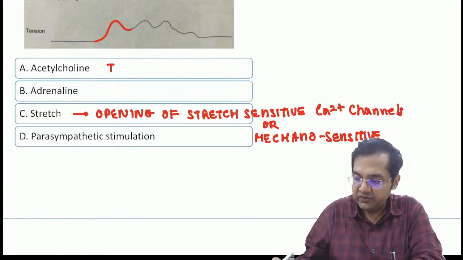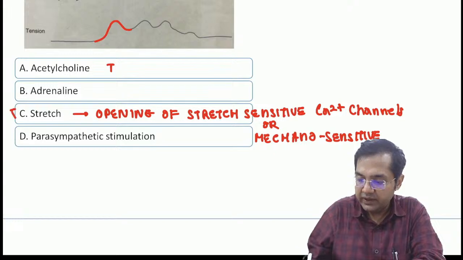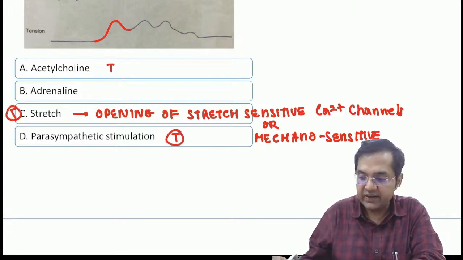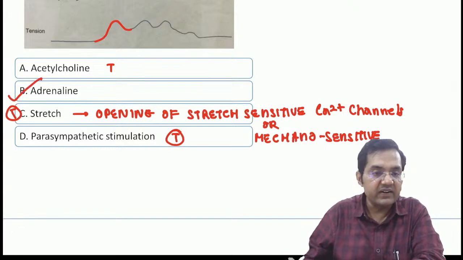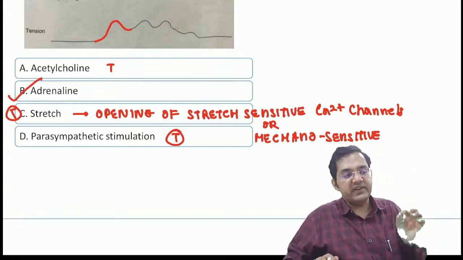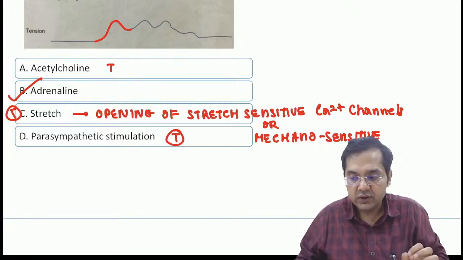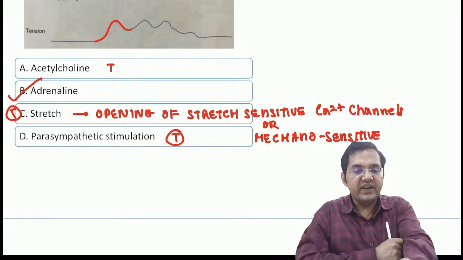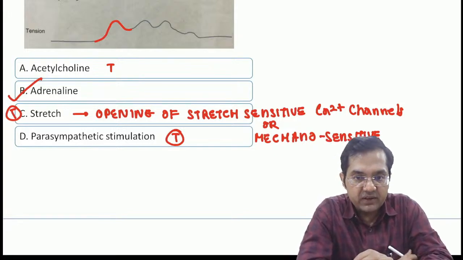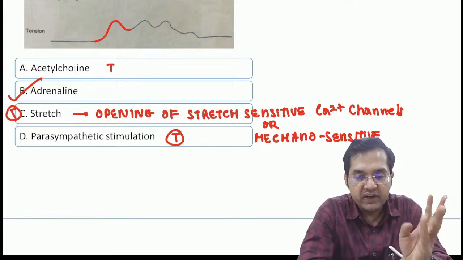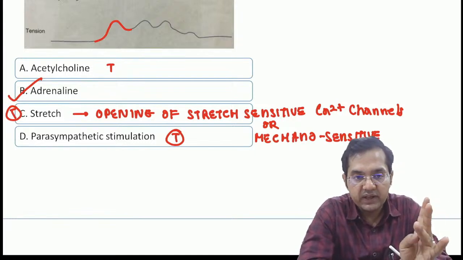So stretch is going to increase, that is true. Parasympathetic stimulation already is excitatory. So the answer is adrenaline or sympathetic stimulation, which inhibits or decreases the tone, right? So which are the excitatory ones which stimulate the GI motility or GI secretions or GI blood flow? Vagal stimulation, acetylcholine and stretch.